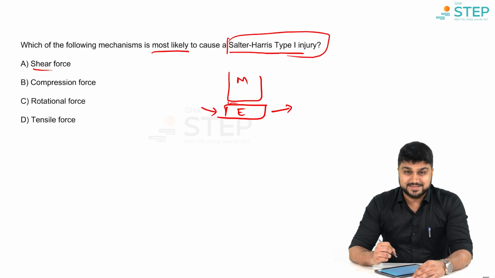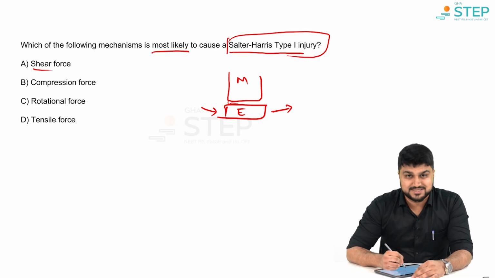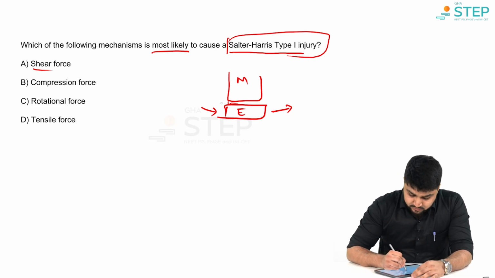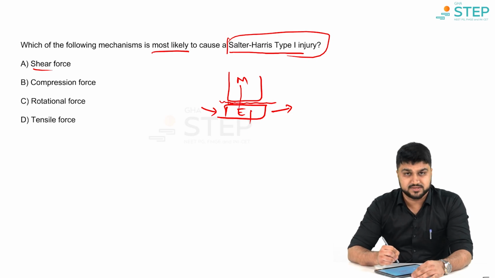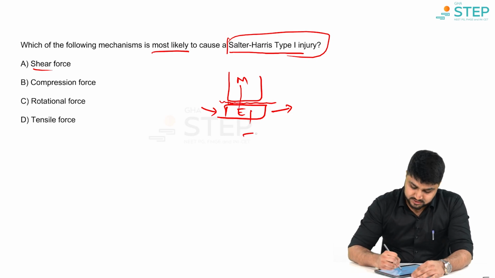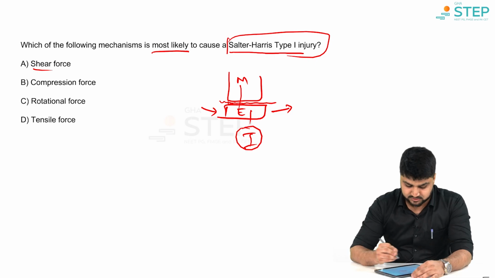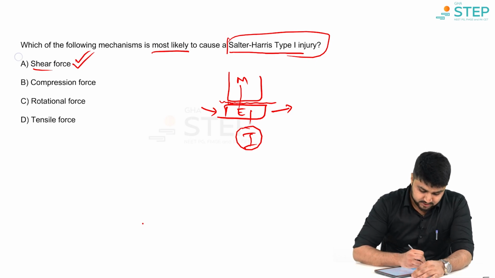Whenever a force like this is applied, as we all know, the physis is the weakest region. So, when you keep continuously applying pressure across the epiphysis, eventually a fracture line will occur across the physis and the epiphysis will separate from the metaphysis, which will result in a type 1 Salter-Harris injury. So, shear force is the right option here.